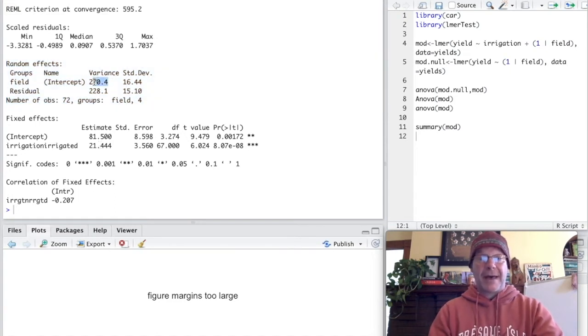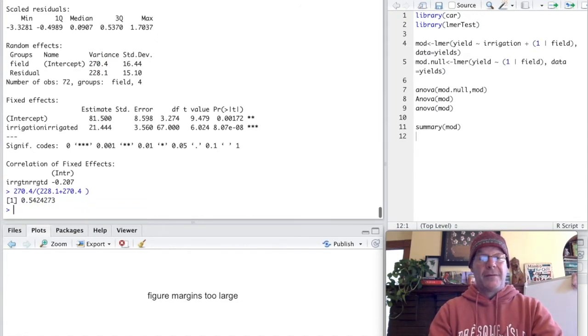We could do that by taking these variance components and saying 270.4 divided by 228.1 plus that. Go ahead and do that.